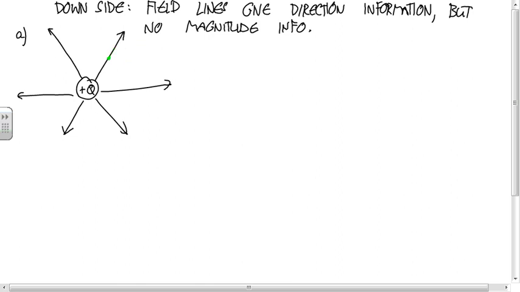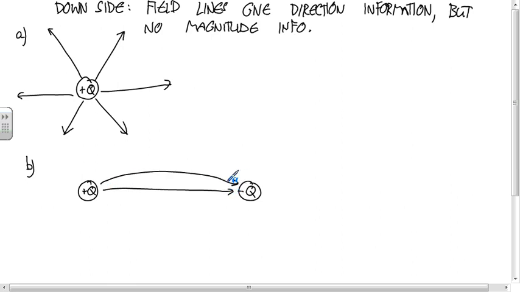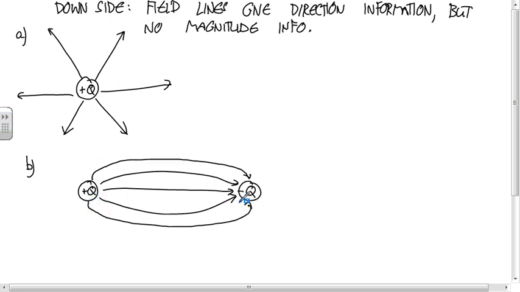And the second one is the positive and negative fixed charges. The field lines here look like this.